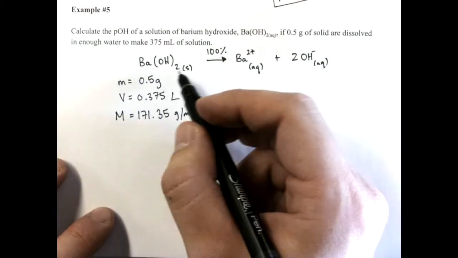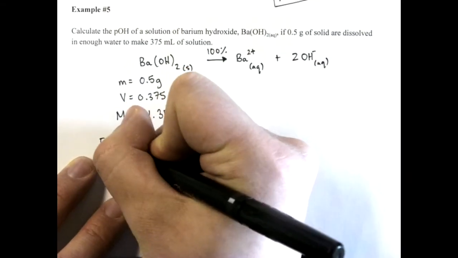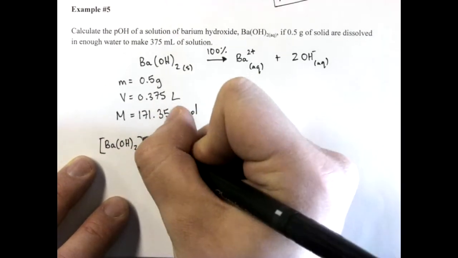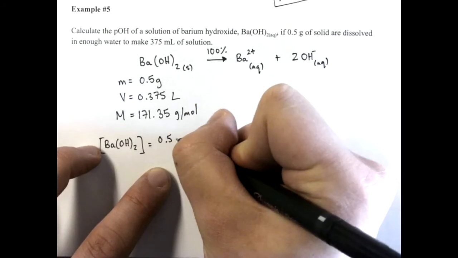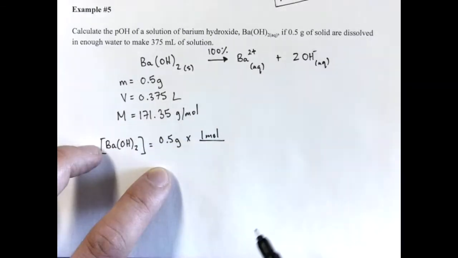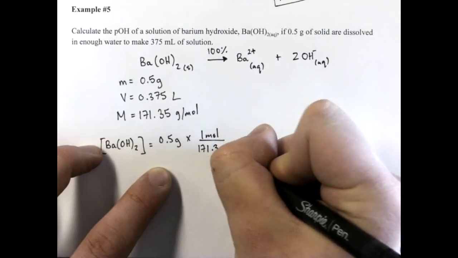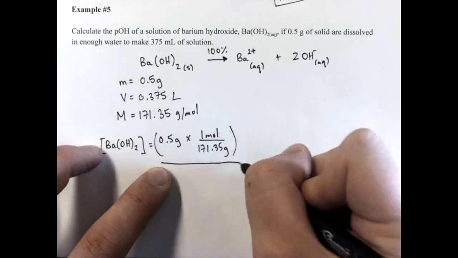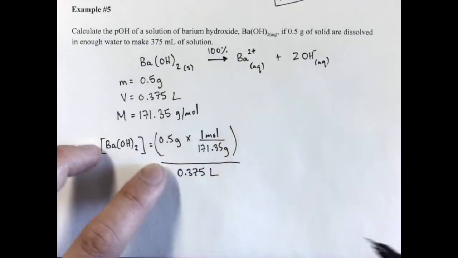So let's go ahead and calculate our concentration of barium hydroxide. That's going to be 0.5 grams multiplied by my conversion factor, which is the molar mass, and I divide it by my volume, like so.